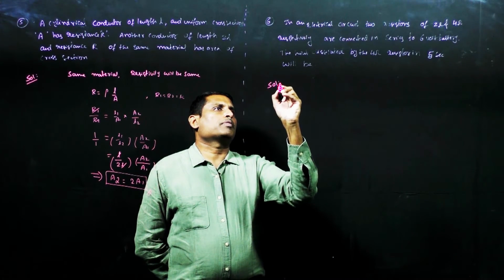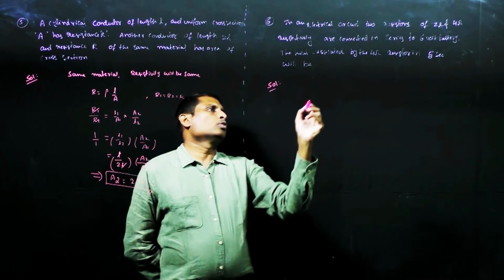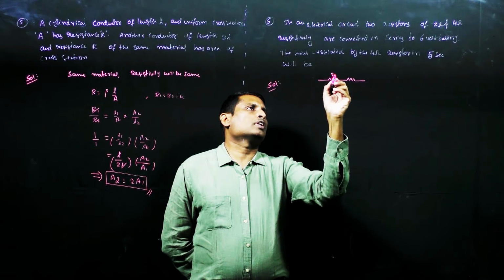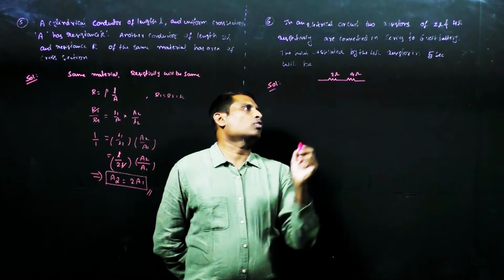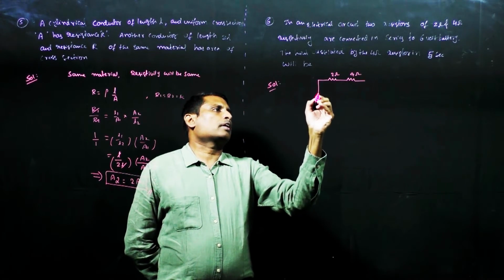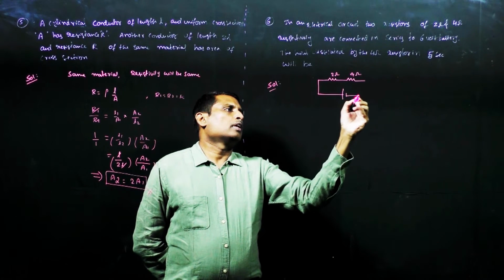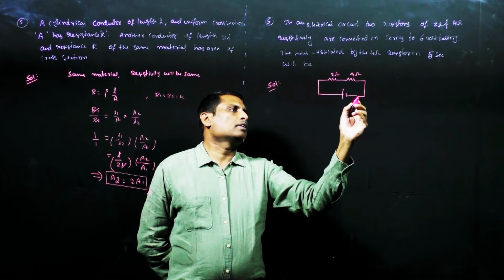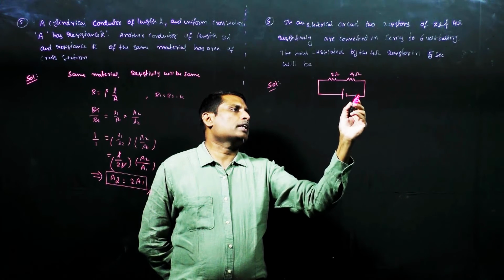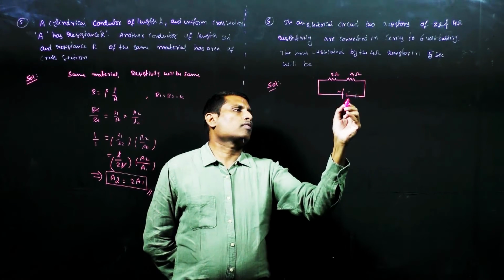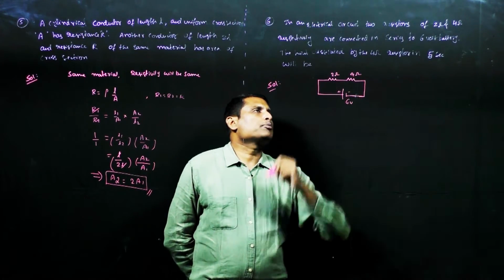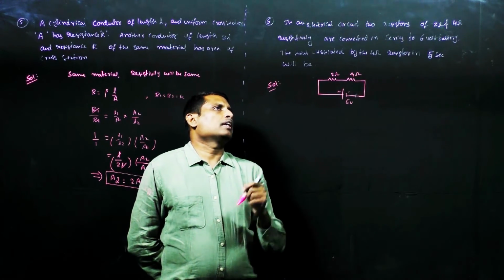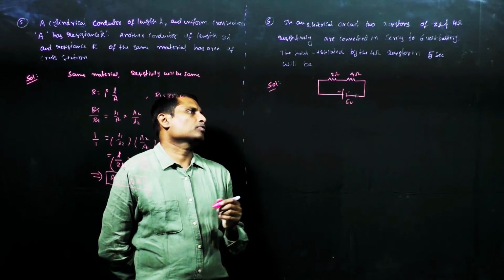This is the 2 ohms and this is the 4 ohms, connected to a 6 volts battery. The heat dissipated by the 4 ohms resistor in 5 seconds will be.